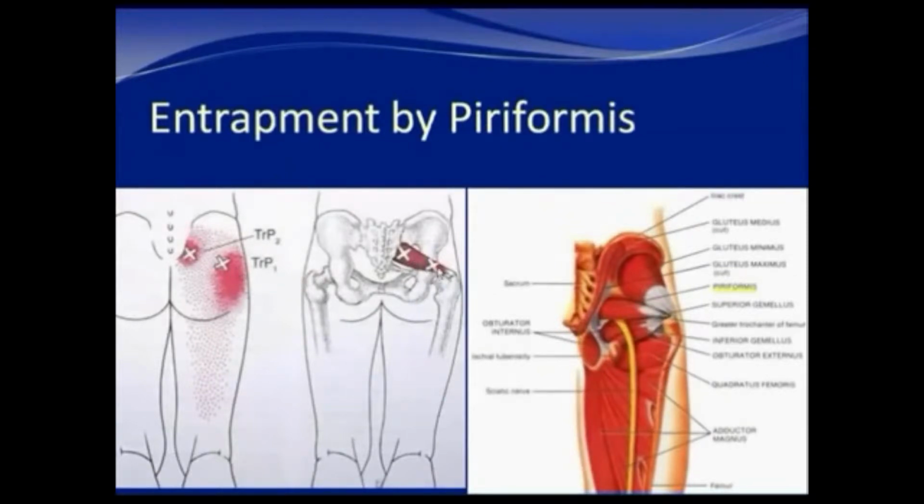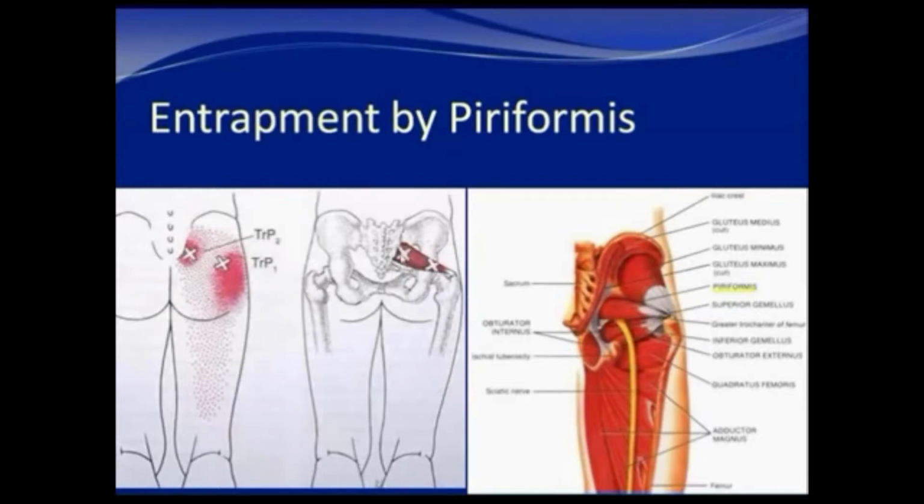the piriformis muscle, which attaches onto the parts of the sacrum and the greater trochanter of the femur. And there are two trigger points, one that is just below the greater trochanter, you'll find it there, and the other one on the other end.